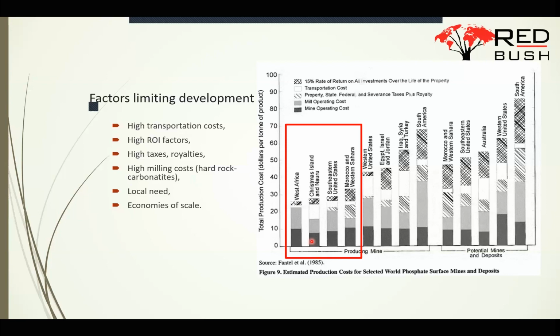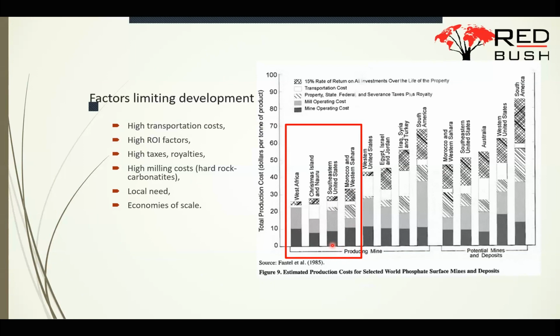Also very cheap because they're island deposits. Transport is a higher portion because they have to be put on a ship and they're far away, but it's not a project killer. The southeastern United States, that's primarily Florida, North Carolina, and South Carolina, also very cheap production.